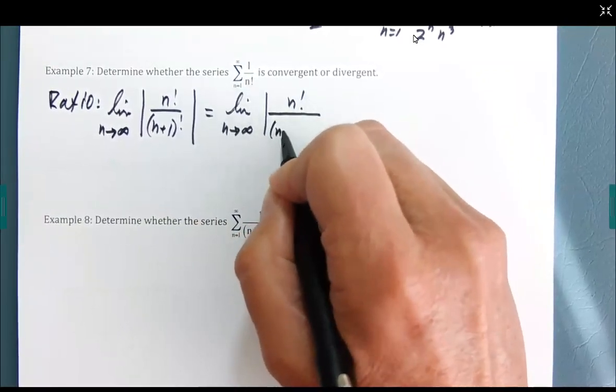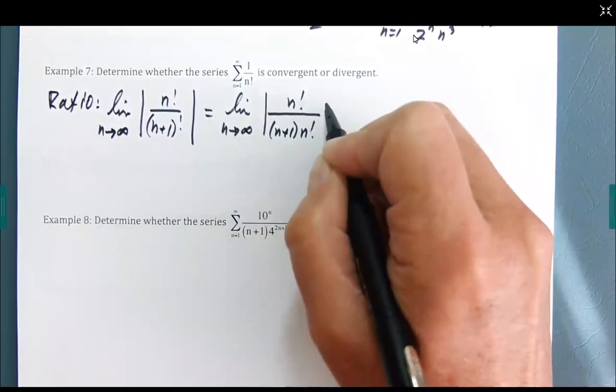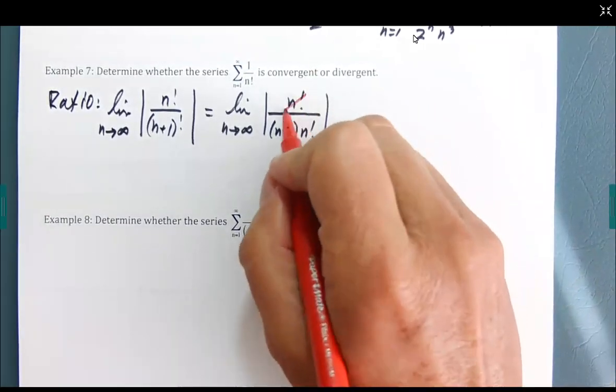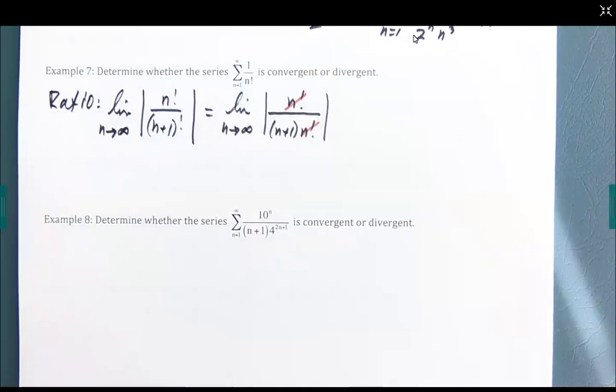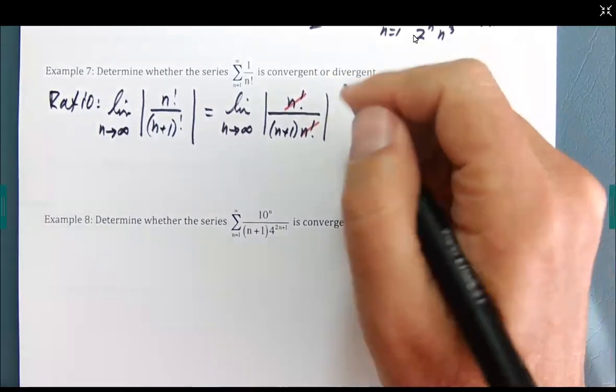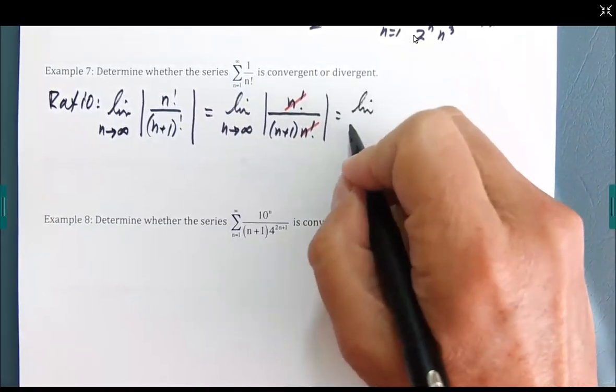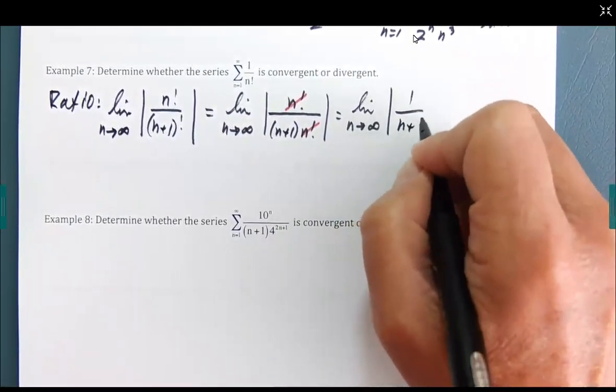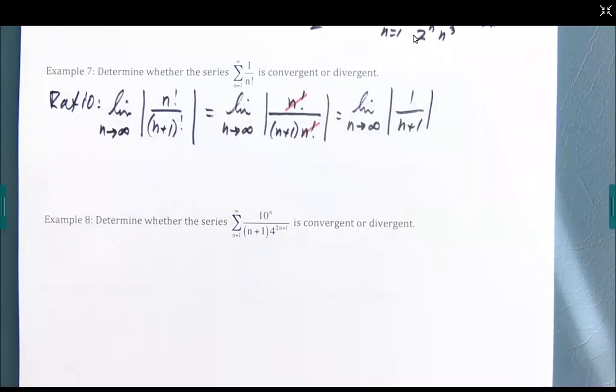Now, this is a really important one, as I mentioned, and something really cool is going to happen here. That limit goes to 0. And what makes that cool is 0 is always going to be less than 1.